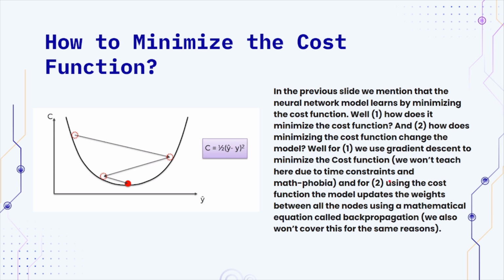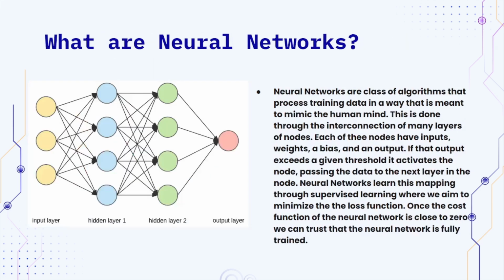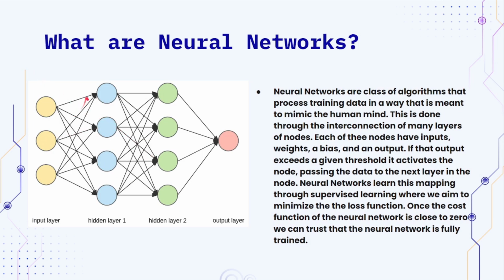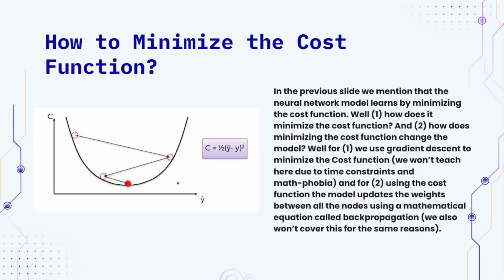And then, how does minimizing the cost function change the model? How does it physically change these weights, or determine how important these nodes are? Well, that's actually a mathematical equation called backpropagation, and that's even more complicated. I recommend the 3Blue1Brown video.